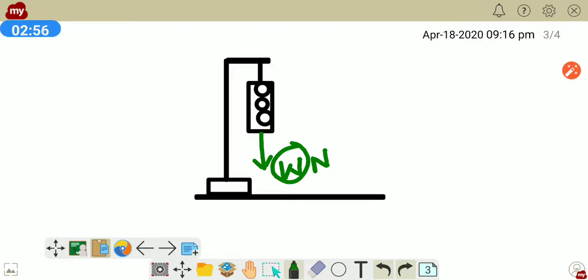That is the reason the lamp is hanging firmly, not coming down and also not moving up. So what is this string doing? The string is trying to pull the lamp in the upward direction. With what force is the string pulling the lamp? With the same force, W newtons.